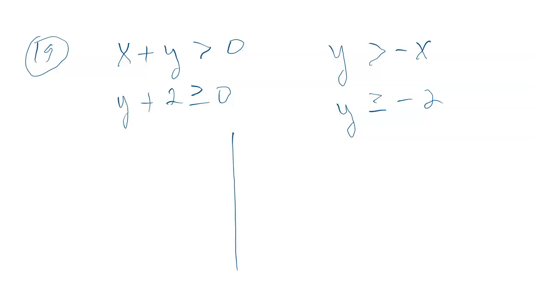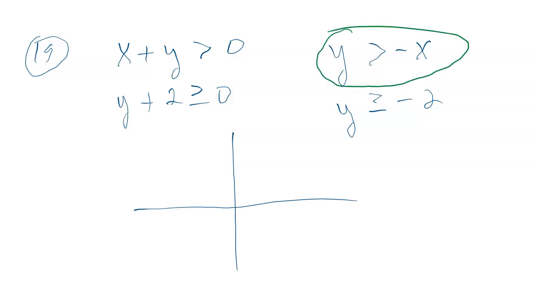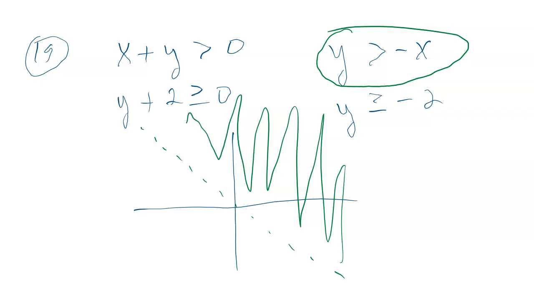And then I'm going to graph these. Y is greater than negative x. That's the line with a slope of -1 and a y-intercept of 0, so it's this line. And we're doing greater than that, so it's this area.